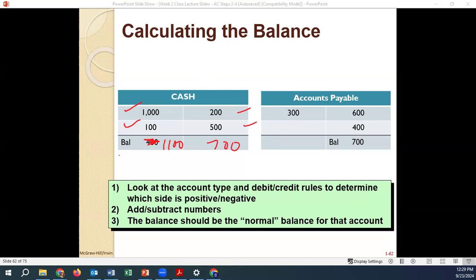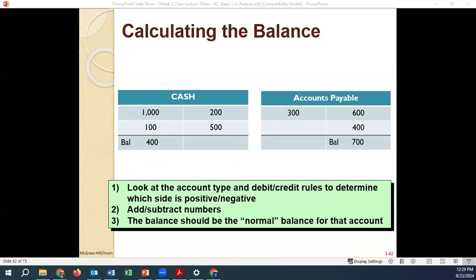Okay, remember the balance tells you the total cash at the end of the month. This doesn't tell me the total cash at the end of the month. It tells me 1,100 came in and 700 came out, but that's not what a balance means. You should only have one balance and it will go on one side, either the debit or credit side. Okay, so make sure that you understand what the term balance means.